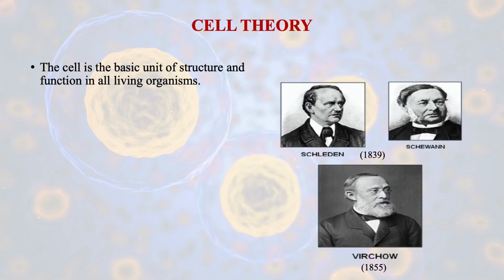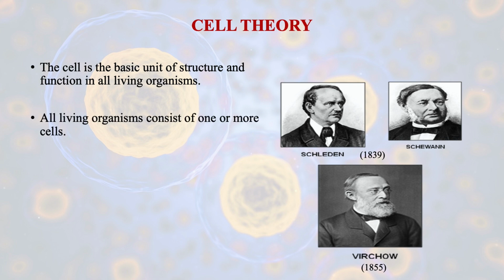They observed that the cell is the basic unit of structure and function in all living organisms, and that all living organisms consist of one or more cells. They studied plant and animal organisms under the microscope and concluded these two points.